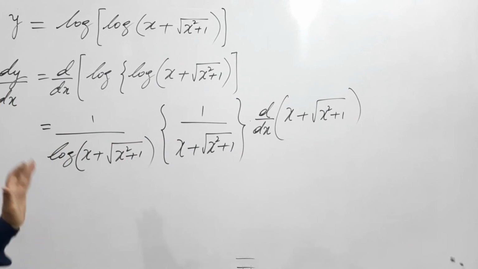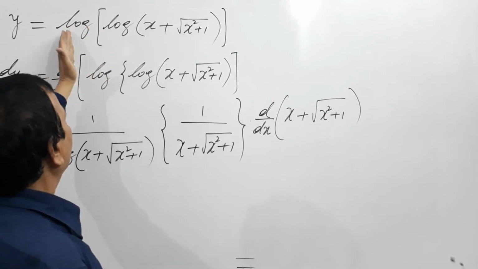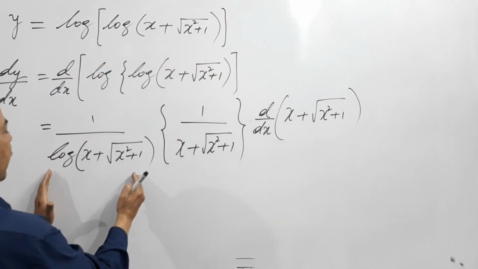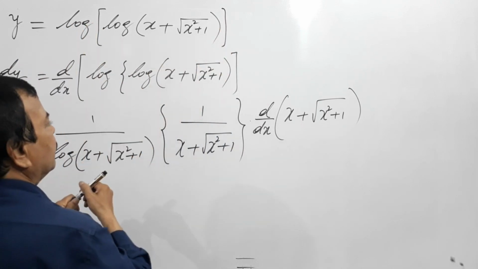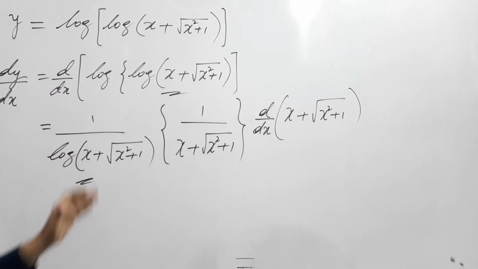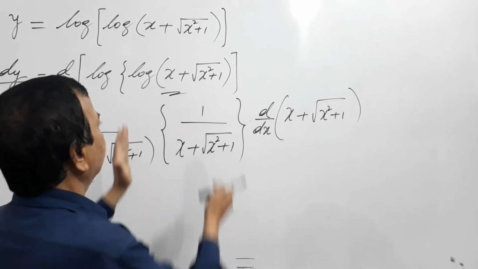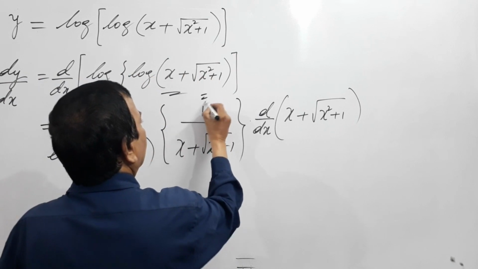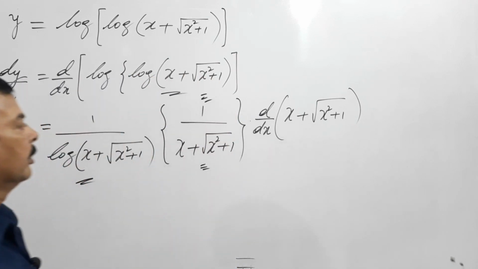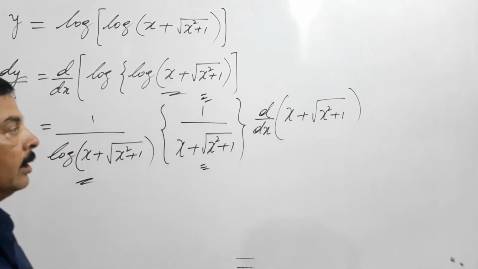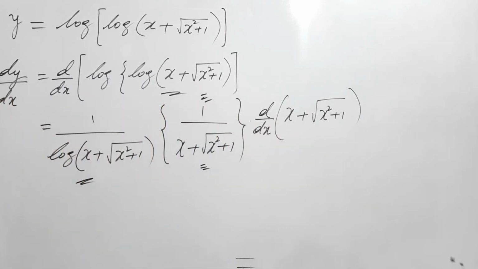So what I did first, this log I ignored and brought everything as it is. Later on I have to differentiate this, so I'll bring this as it is, and later on d by dx of this. Done? So let us go ahead.